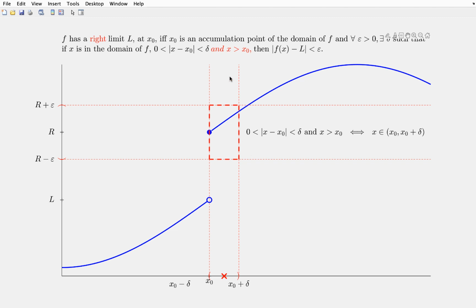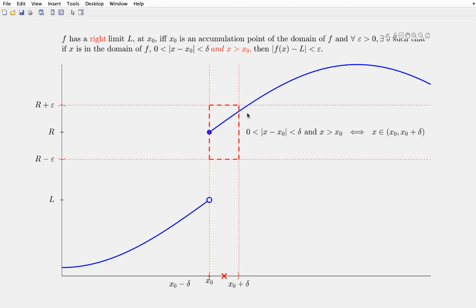And of course, if x is within delta of x naught, but not equal to x naught, and x is greater than x naught, then x must necessarily lie in the open interval x naught to x naught plus delta. So this interval here.